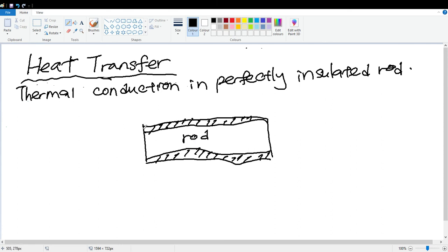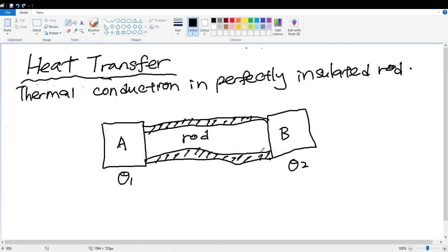And what if I place this rod in contact with two other objects? Let's say this is my object A and this will be my object B. We know that these two objects have different temperatures, and I denote this one as theta 1 and this one as theta 2. These two objects are kept in touch with each other.